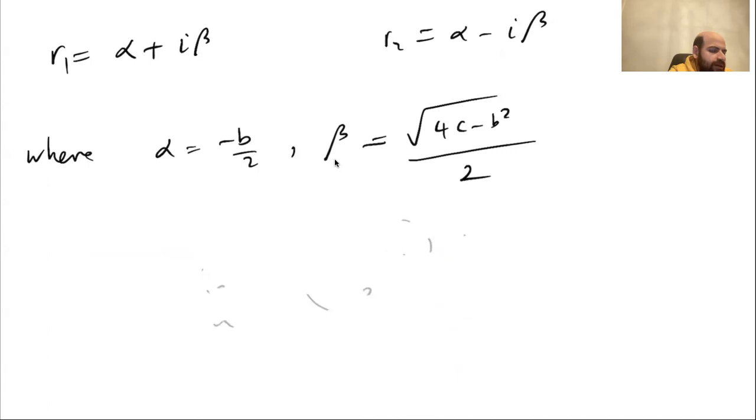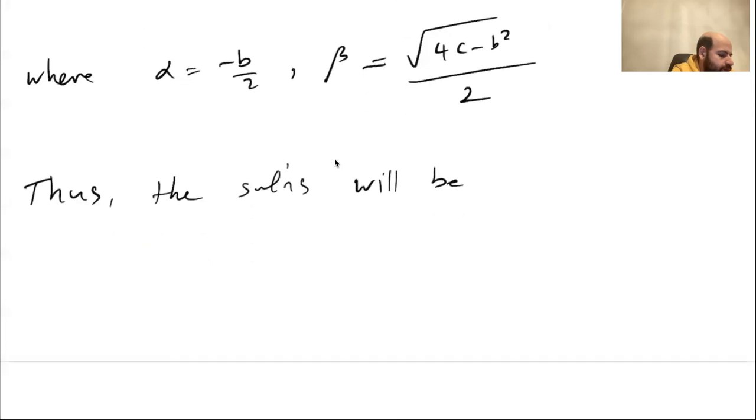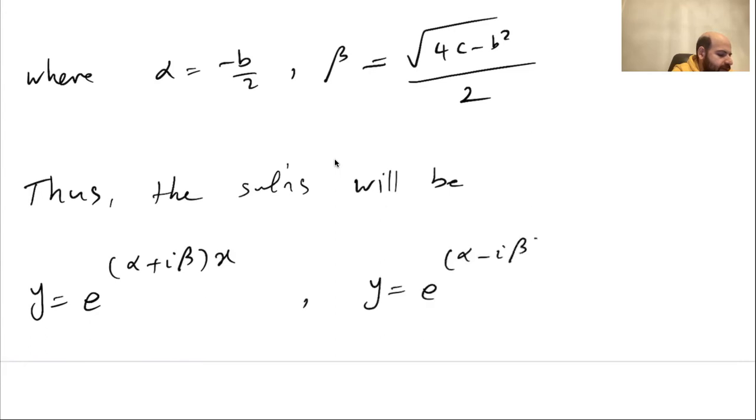So what will be the solutions? The solutions will be y equals e to power alpha plus i beta x and e to power alpha minus i beta x.